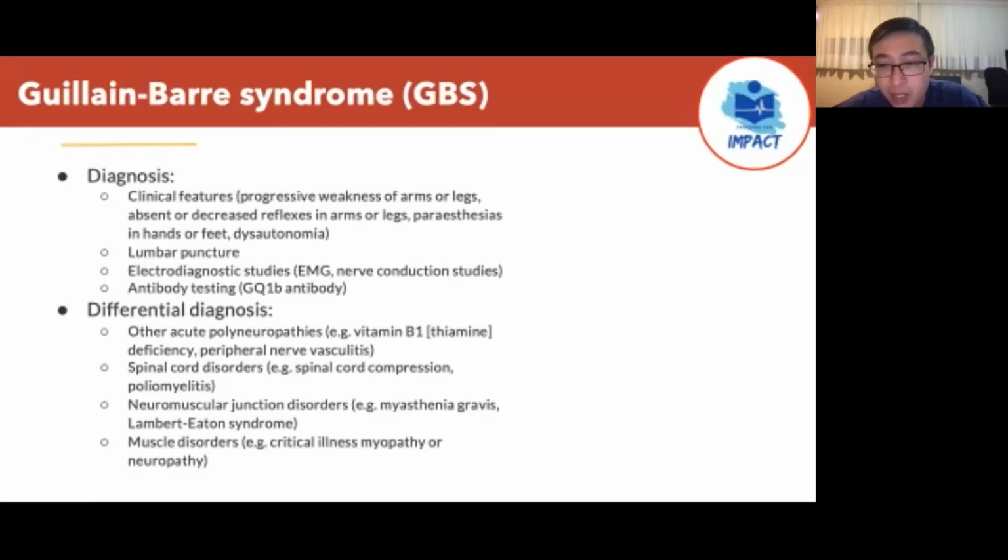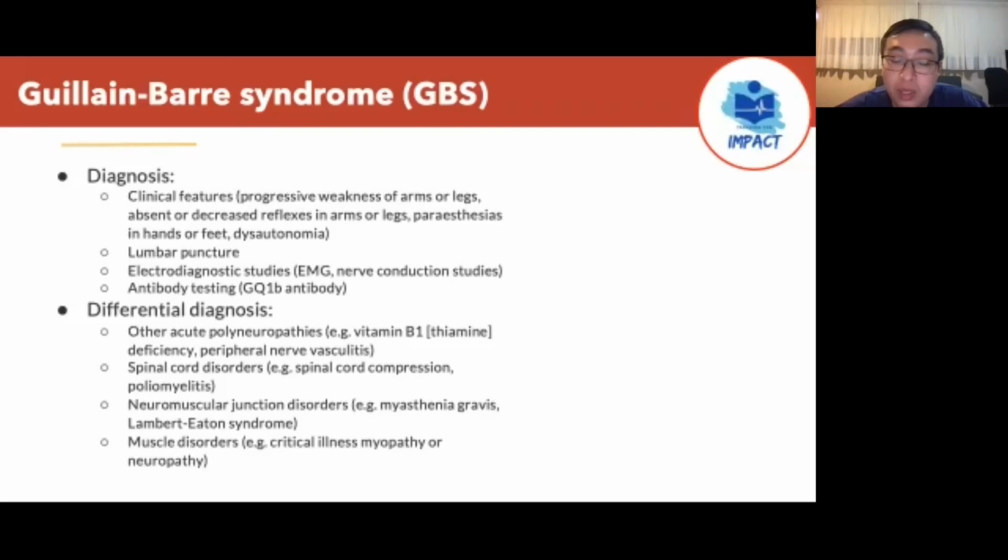Now, the reason why we're not really concerned about myasthenia gravis in this case is that reflexes are often spared in myasthenia gravis. It's just the weakness. So myasthenia gravis doesn't really explain the areflexia or the decreased deep tendon reflexes in our patient. As I said, the weakness worsens with muscle use, and myasthenia gravis is associated with a type of benign cancer. You guys know what I'm talking about? Yeah, thymoma.